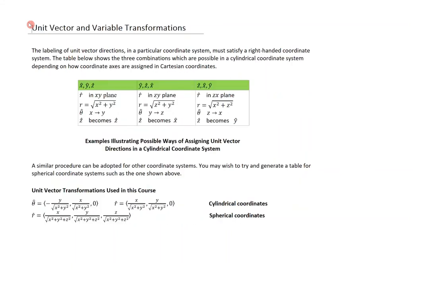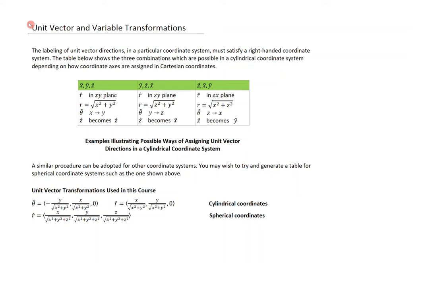All right, so a couple of things here just to review: unit vectors and variable transformations. Just a reminder that the labeling of unit vector directions in a particular coordinate system must satisfy a right-handed coordinate system. The table below just illustrates different combinations which are possible. In other words, in the lectures so far, we've always assumed that Z is pointing upwards and that R and theta are on the XY plane or parallel to the XY plane.